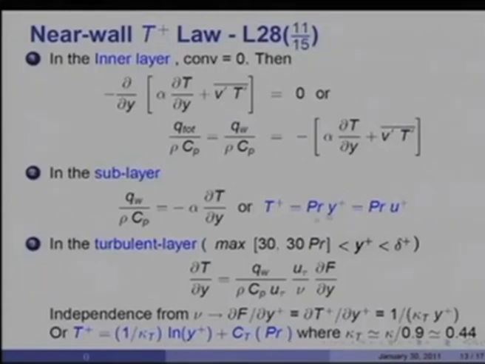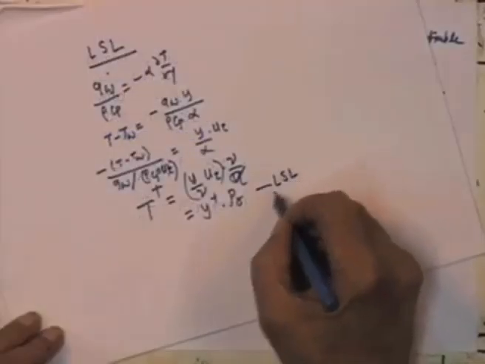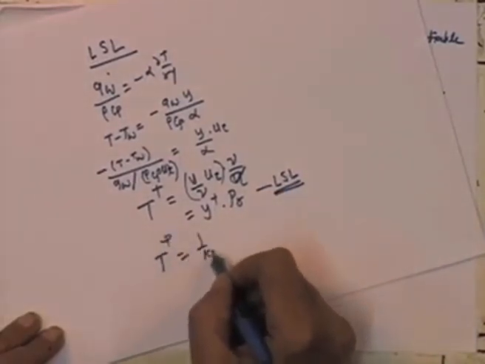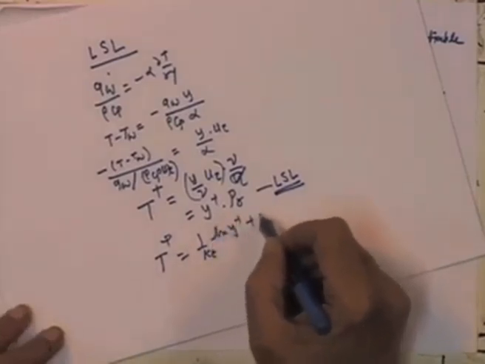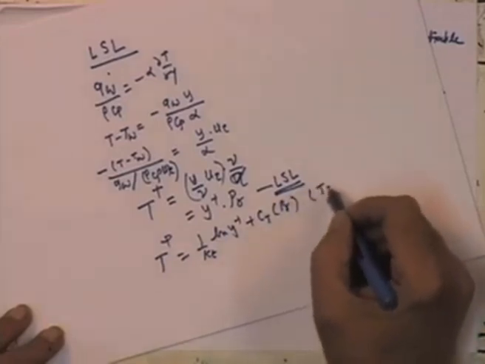In the fully turbulent layer, you will again get a logarithmic law for the temperature. In the laminar sublayer, you will get this. The transition region is somewhat complicated, not easy to define, but the two laws that we have got, T plus equal to y plus into Prandtl for the laminar sublayer, and T plus equal to 1 over kappa t times ln y plus plus Ct of Prandtl for the turbulent layer.